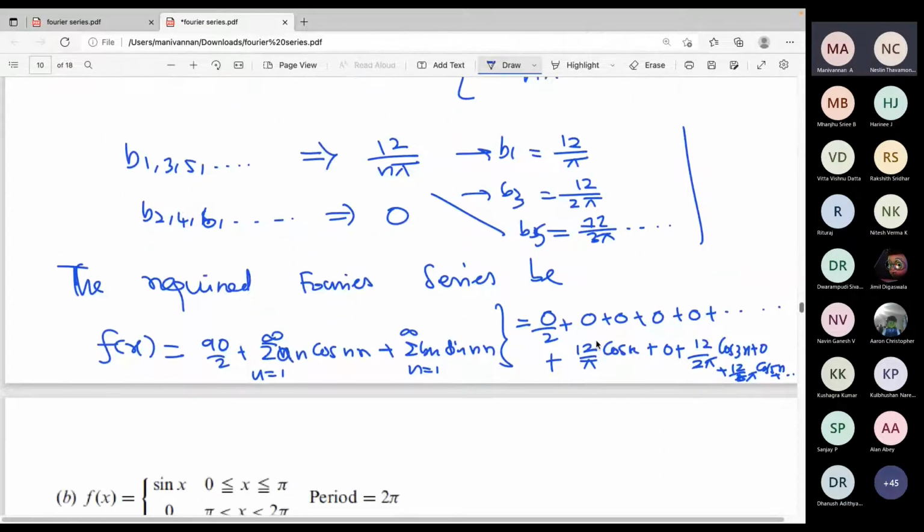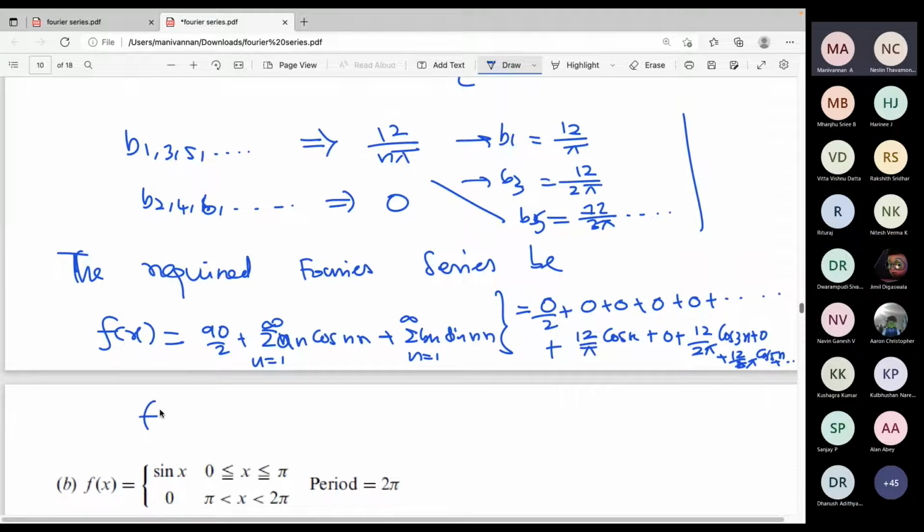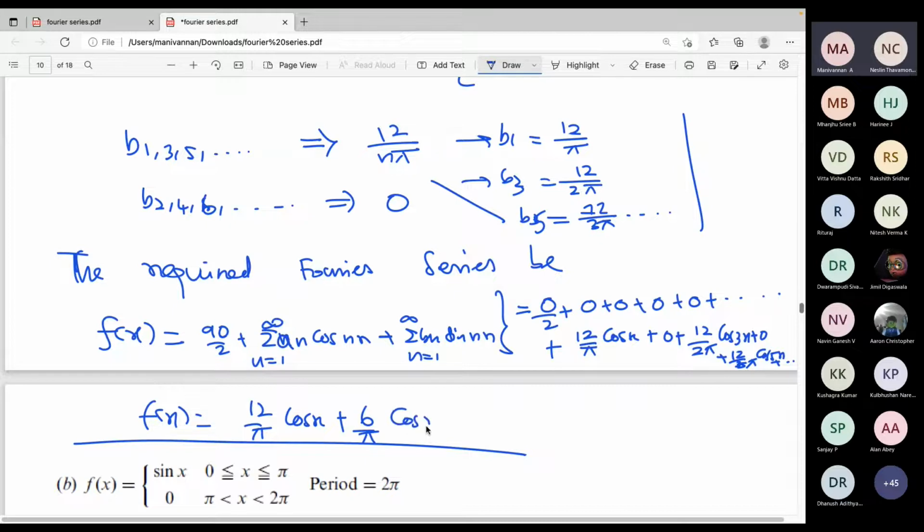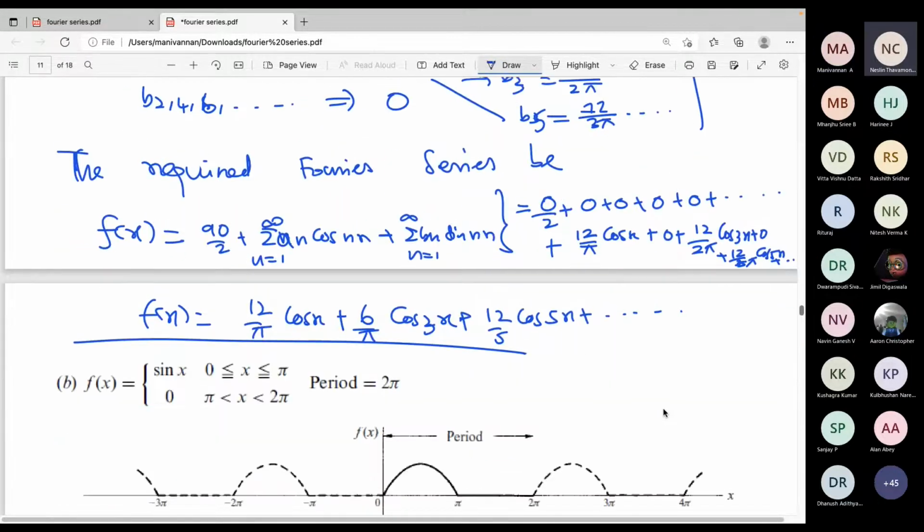So my f of x is nothing but 12 divided by pi cos x plus 12 divided by 2 pi, here it is 6 divided by pi cos 2x, plus 12 divided by 3 pi cos 3x, and here it is 5x, like that it goes on.